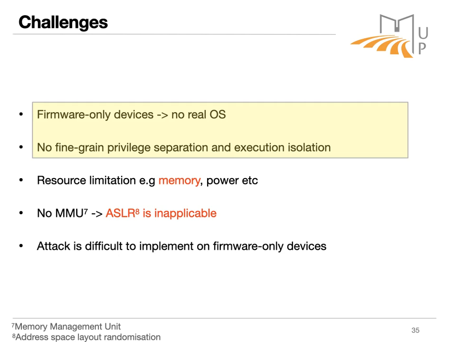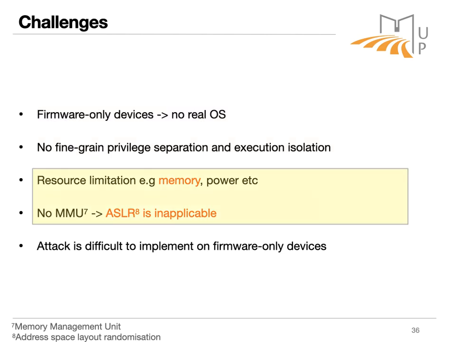Therefore, an attack usually targets a firmware function instead of a shell, which is not usually available. Also, being resource constrained, sophisticated executable memory protection techniques such as address space layout randomization are not supported due to the lack of a memory management unit.